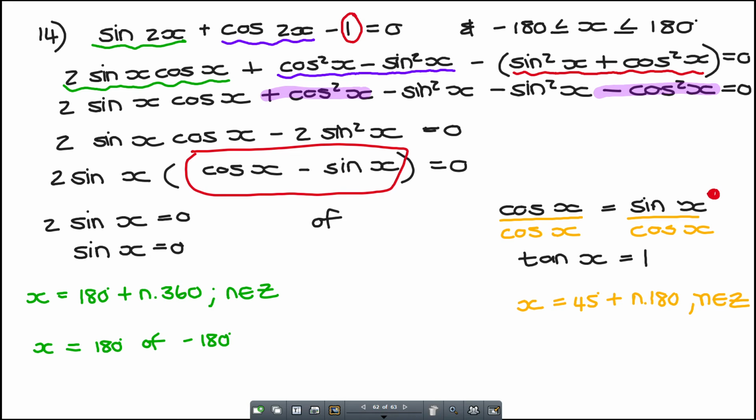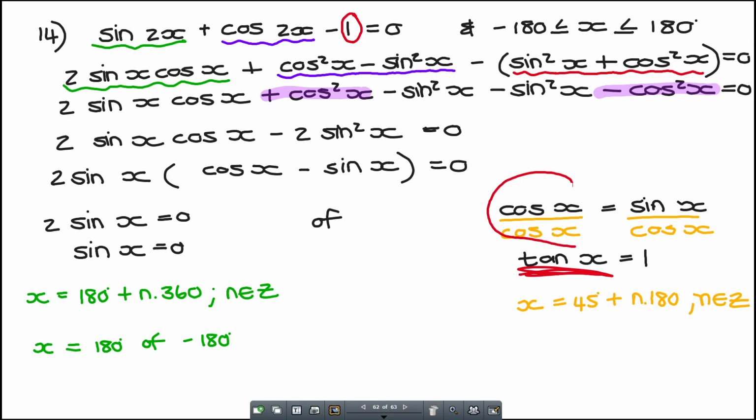Julle reg? Okay, now we're sitting with both cos x and sine x, and I can't go any further than that, so to make it easier for me, I'm going to divide by cos x on both sides. Nee? Onthou wat ook al ek doen, ek moet dit aan albei kante doen, because then I'm not changing anything in the equation. So, sin x divided by cos x, sin x over cos x is actually tan x. Nee.